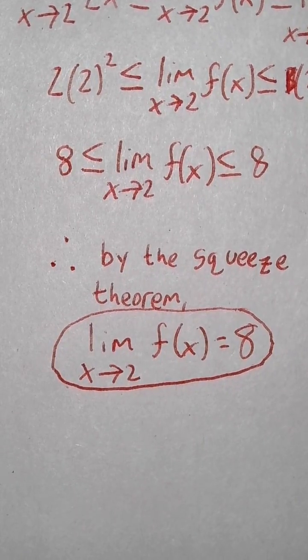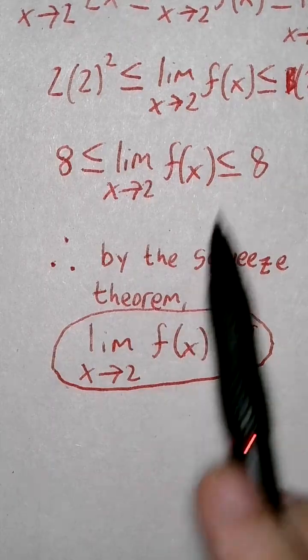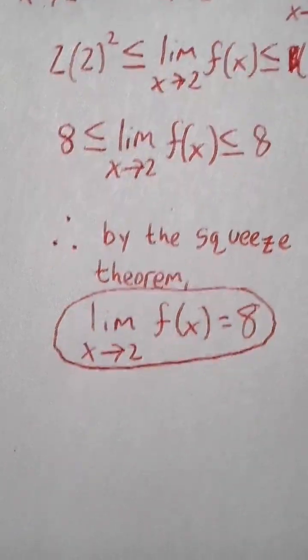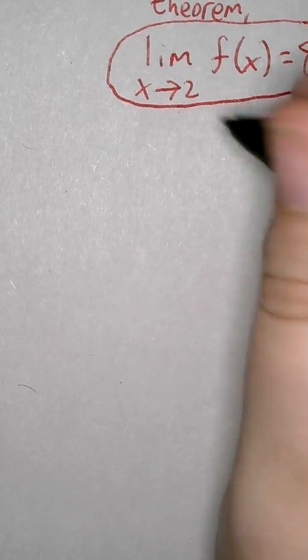So let's go ahead and try a problem like this, but this time let's actually define f of x. So I'll give f of x a name. So let's try another example.